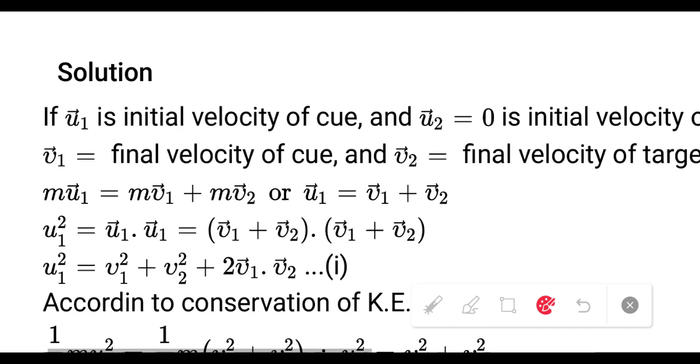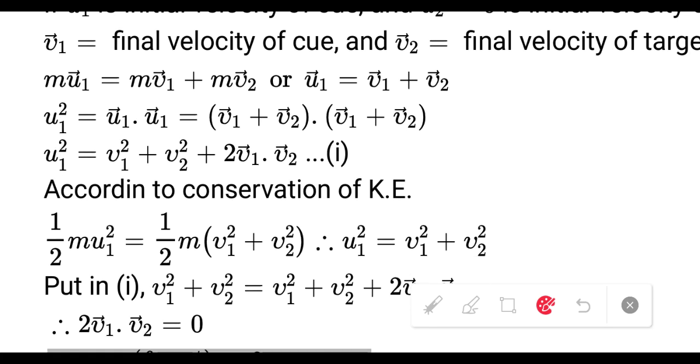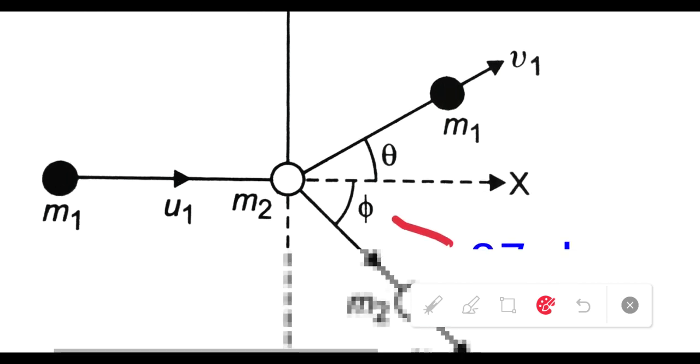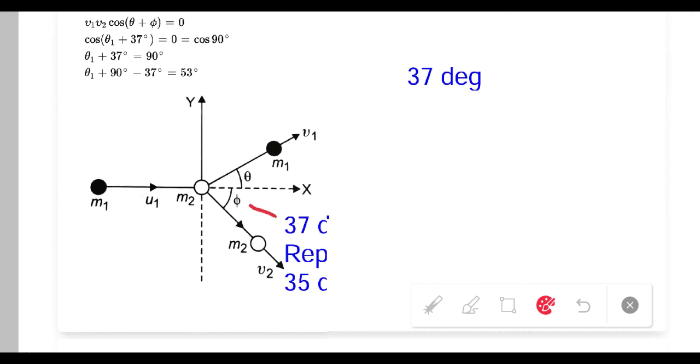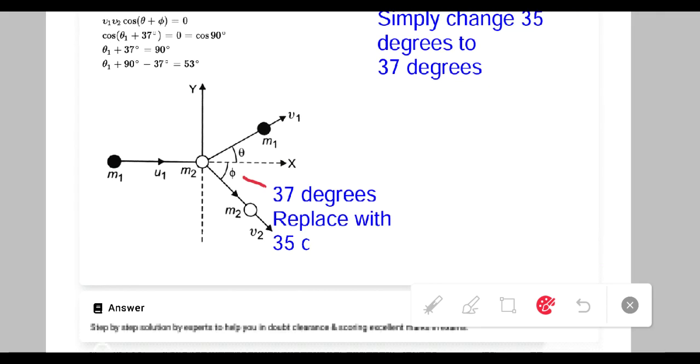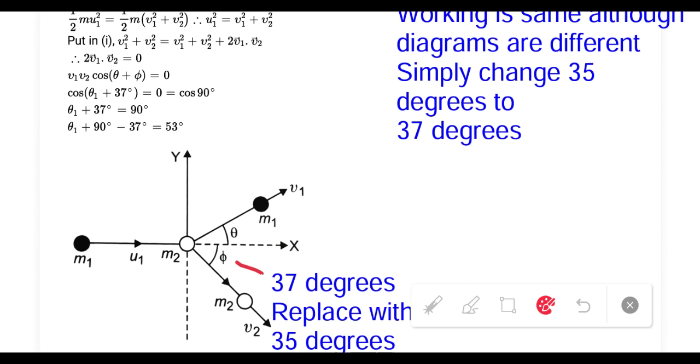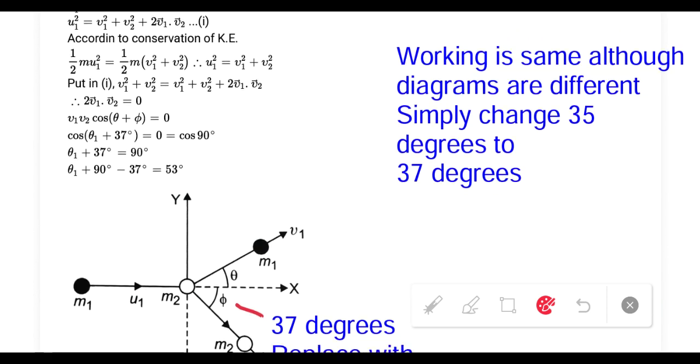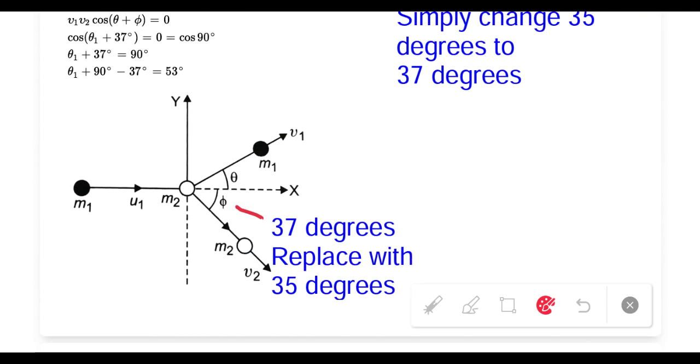But in our scenario here, from the diagram, it's a bit different from your question in such a way that they just made it a vice versa.